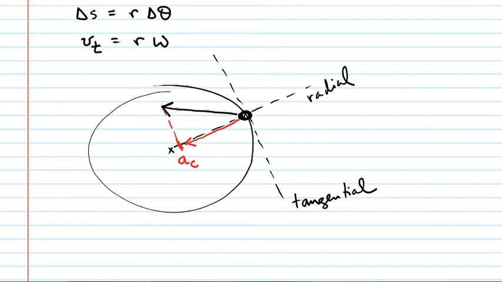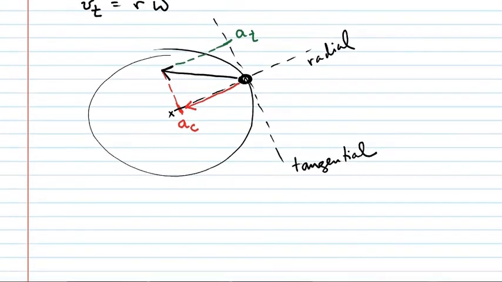We can also take this vector and look at the projection in the tangential axis, and this one really is going to be a sub t. So we have the tangential acceleration.